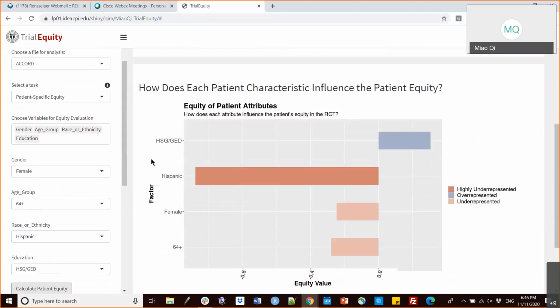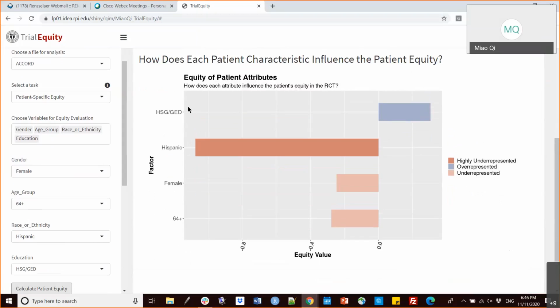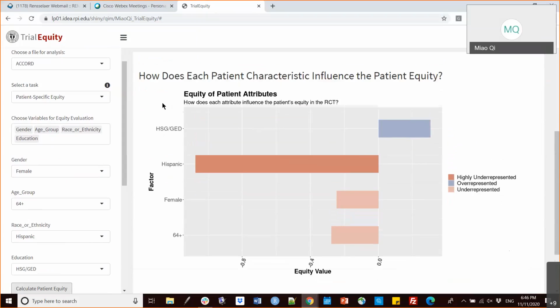Then we also show how each different factor from this individual patient influences her equity score. From here, you can see that the education level for this patient is actually overrepresented.